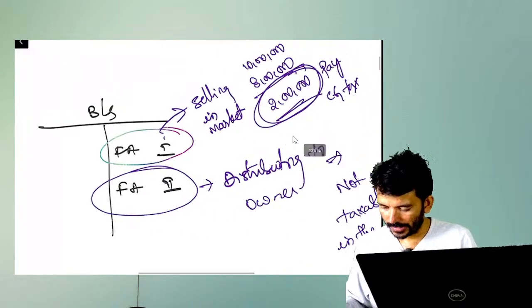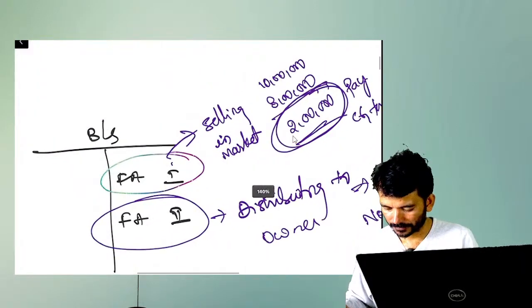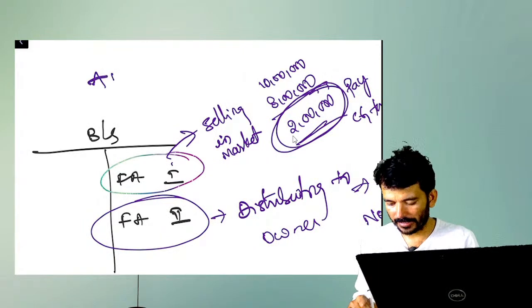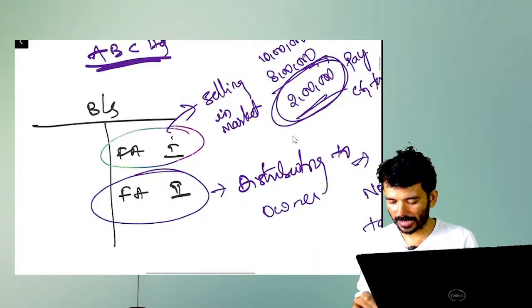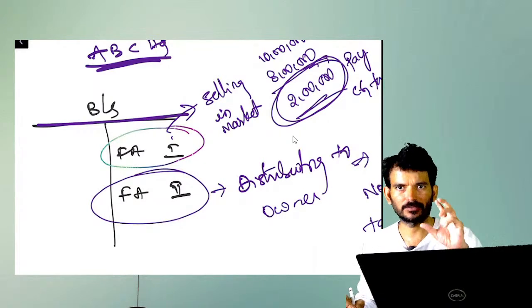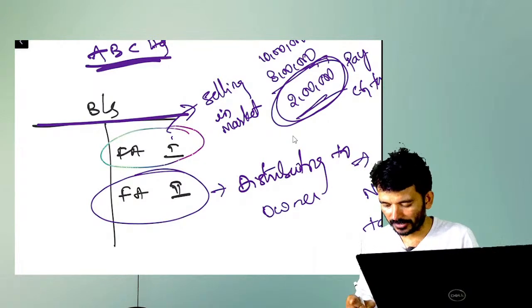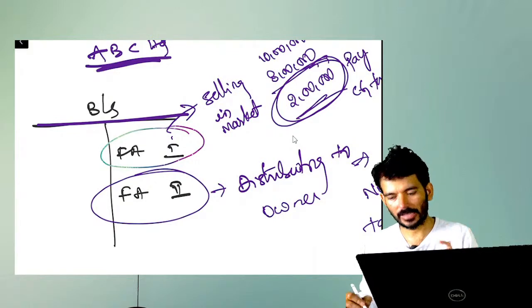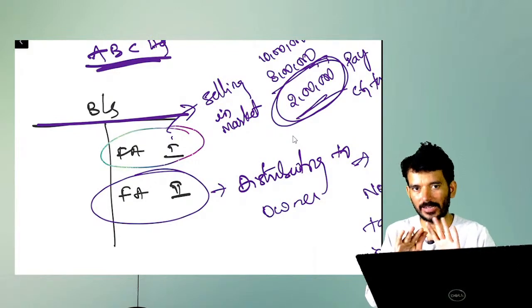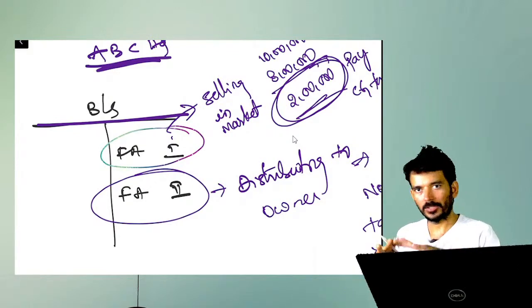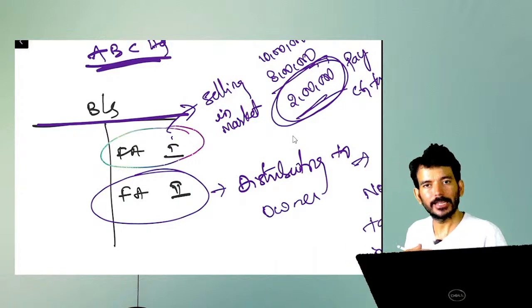Okay, so here my example is ABC Limited. Our balance sheet has fixed asset 1, one type of asset, and fixed asset 2, a second type of asset. They have their own book values. I'm not revealing the numbers. The company wants to get liquidated. Now I am the liquidator.